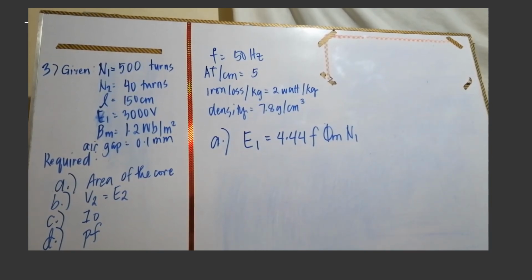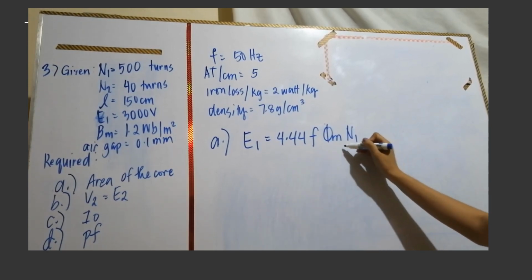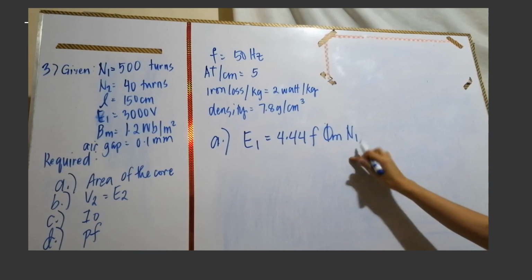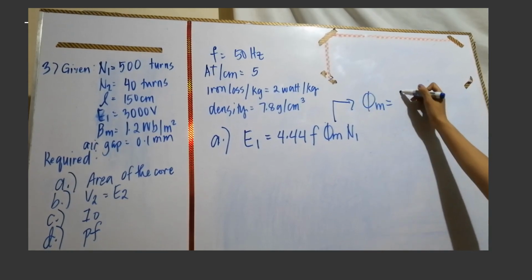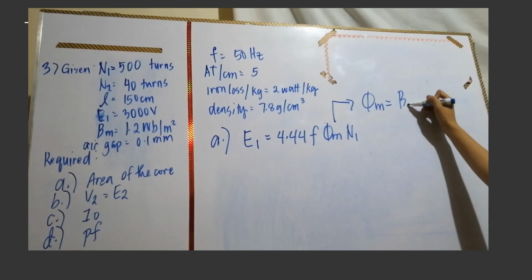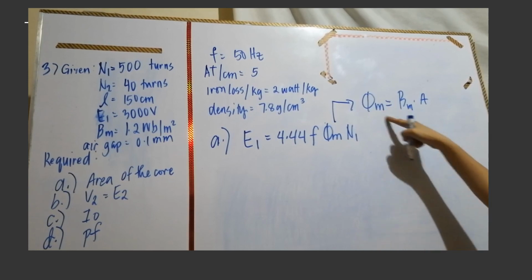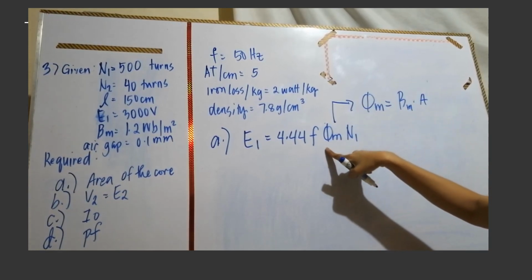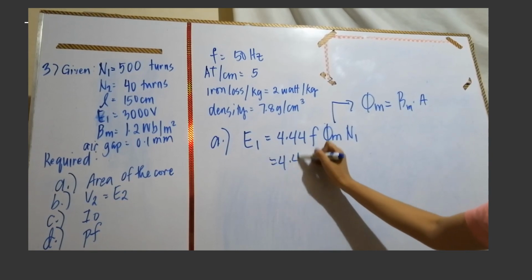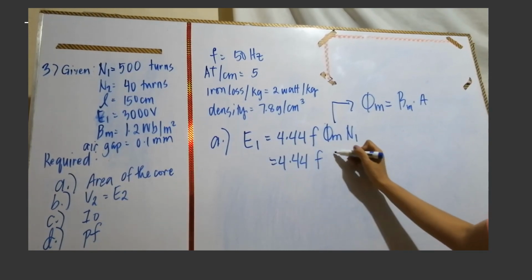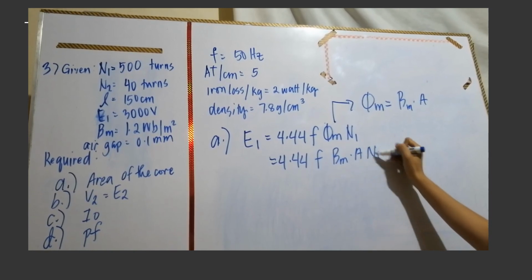However, we are not given the mutual flux, but we can solve for the area of the core because we all know that the mutual flux is equal to the maximum flux density times the area. So substituting this to this equation, we can have 4.44 times F times B times A times N sub 1.